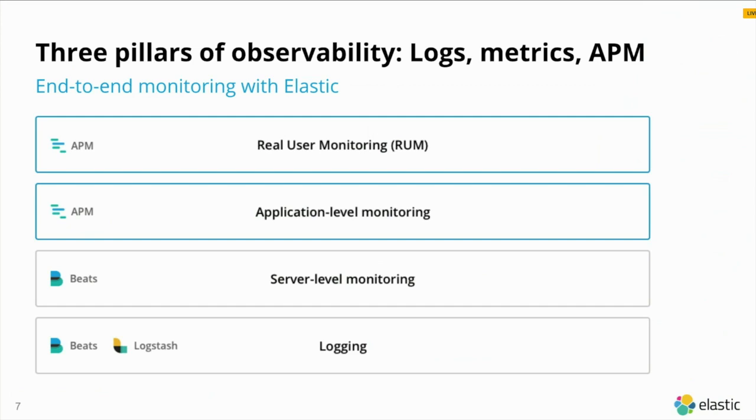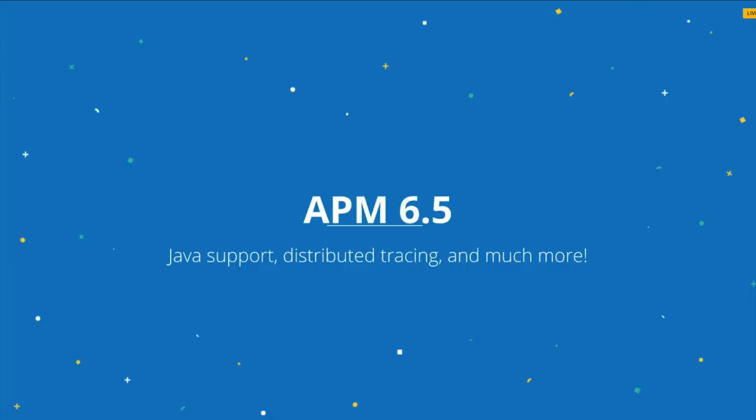We believe that the combination of logs, metrics, and APM is really powerful, and we will be working very hard on integrating those data sources and solutions going forward. For APM specifically, 6.5 was a massive release. If you've joined previous webinars or been following the Elastic APM product, you might have seen that Java and distributed tracing have been top requests that we've been getting over the past months.